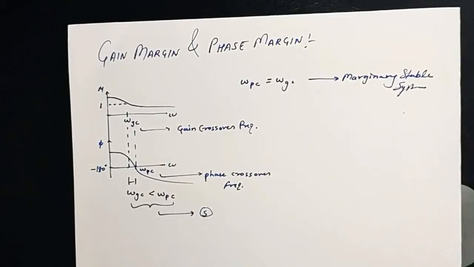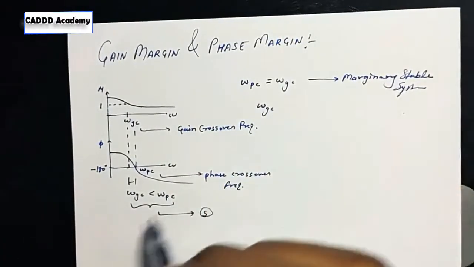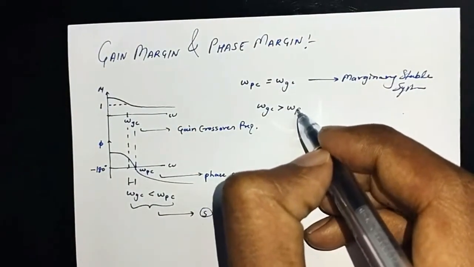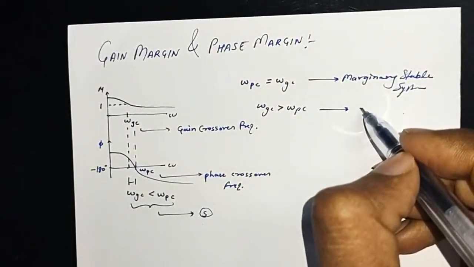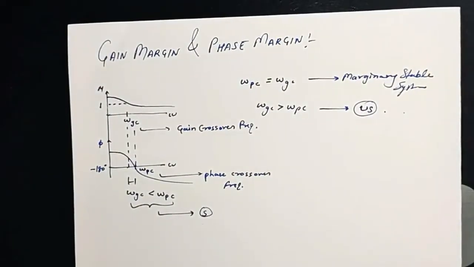Okay, and where gain crossover frequency is greater than phase crossover frequency, that system is called an unstable system.